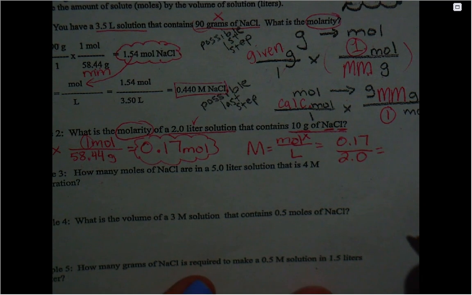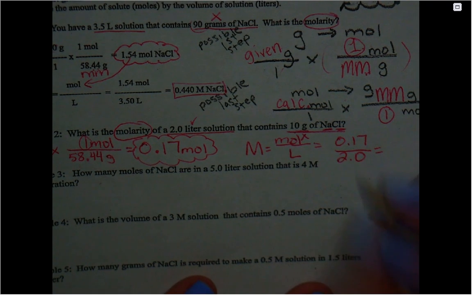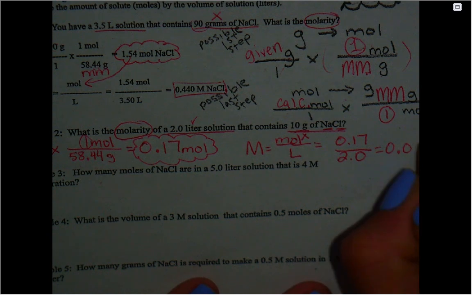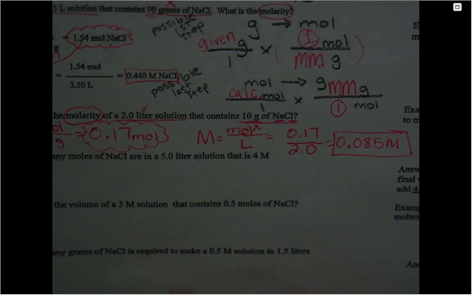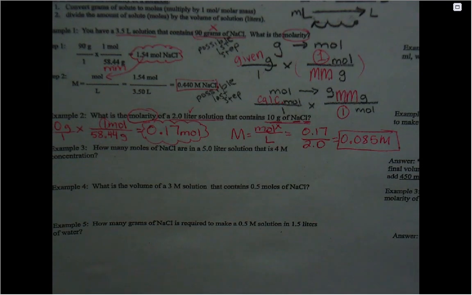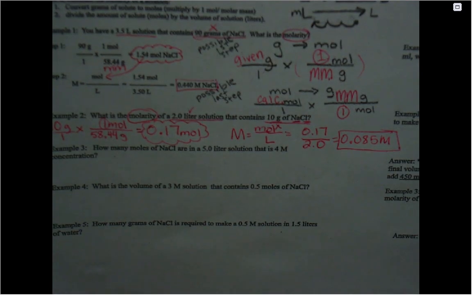When I divide it, I get 0.085 molarity. And that is our final answer. Not too bad, just division. Like I said, that's the worst that it'll get, that problem.